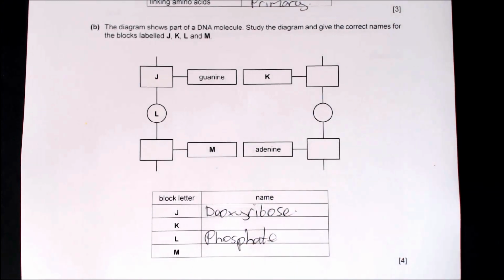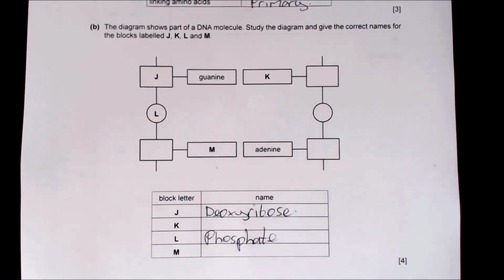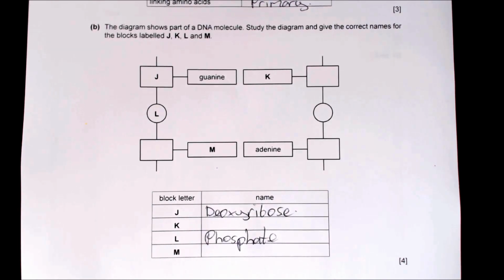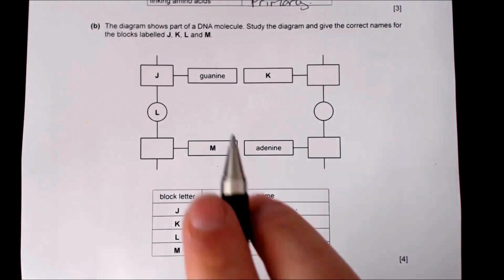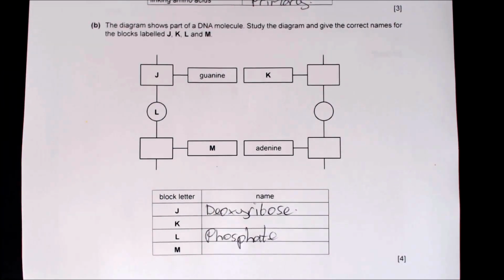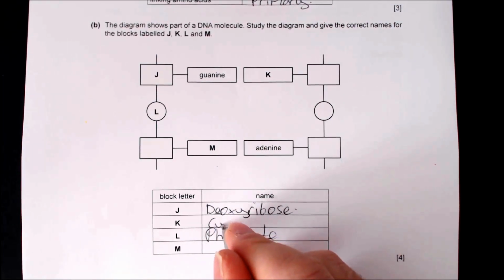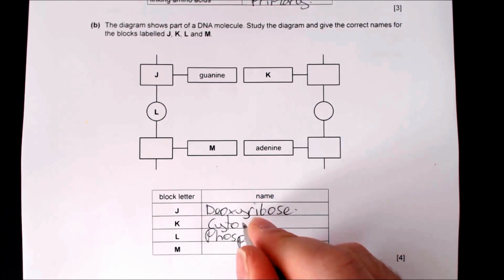One of the ways you can remember it is something cheesy, like 'chemistry's great', or something really cheesy like that. You can think of whatever you want, as long as you remember that G goes with C. For those biologists out there, they may be able to remember that anyway. But G always goes with C, so C is cytosine, which is K. So cytosine.